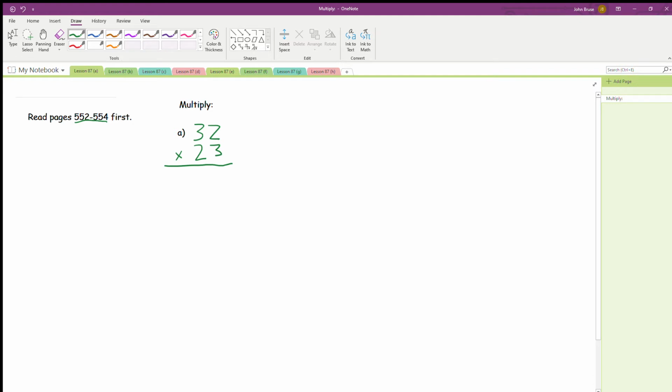All right, so the first thing we're going to do is try solving 32 times 23 with an area model. And with an area model, you start by drawing a window. I had a student a while back that called this the window method, and I like that. It's kind of cool. We're going to take 32 and turn it into expanded form up here.